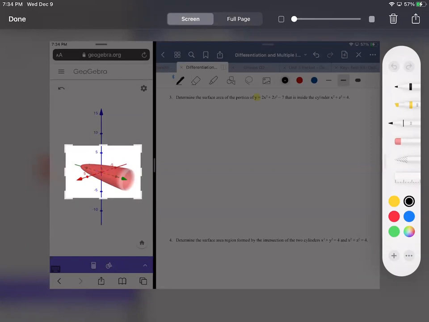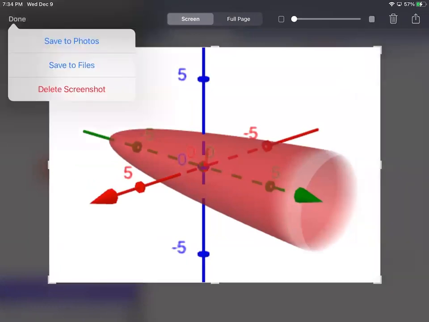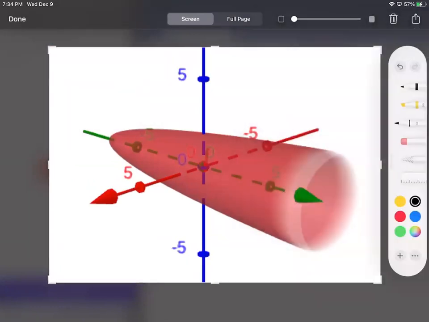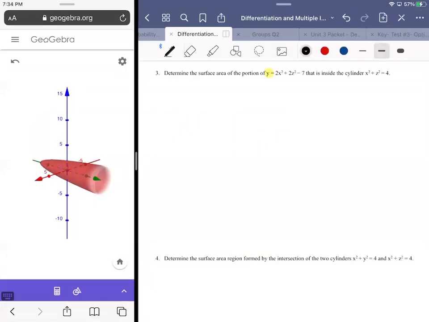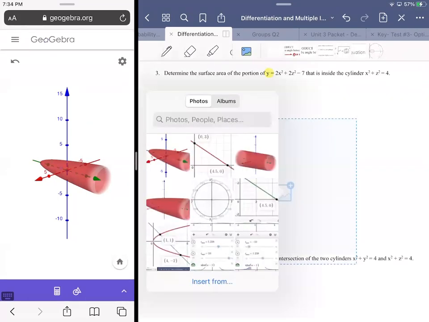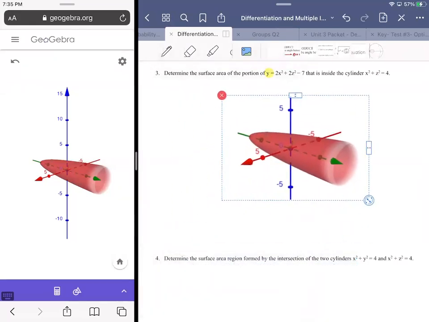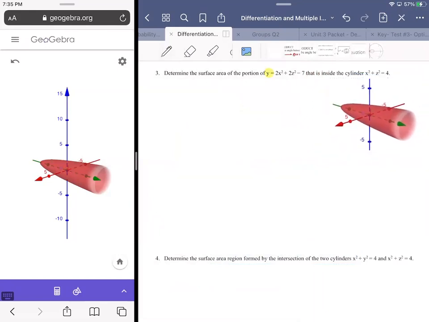Oh, I had it from before. Okay, this is a better one anyway. All right, so that's what we're looking at.